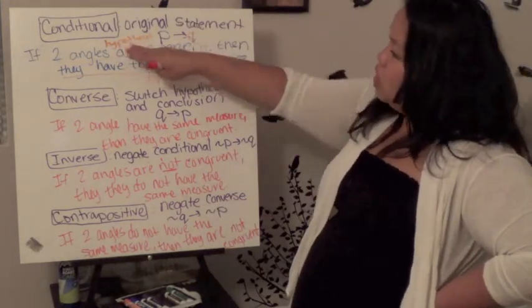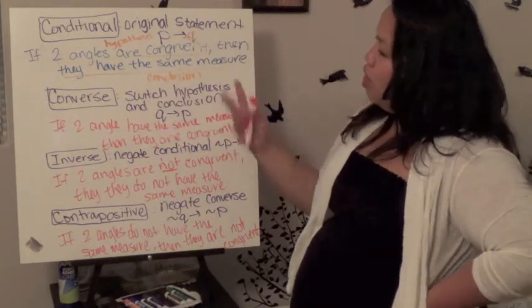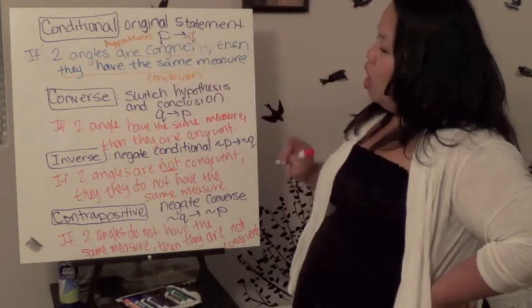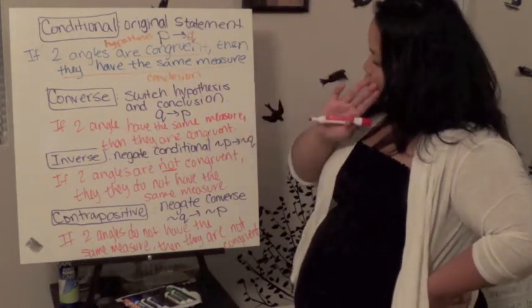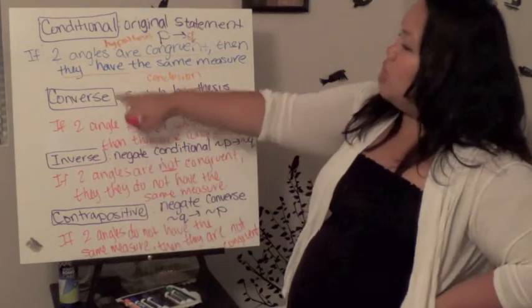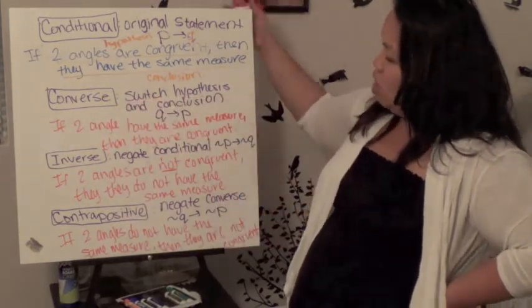So the first one is conditional as our original, then we switch Q and P, which gives us our converse. Our inverse is the same thing as our conditional, but we have not on both of them. And our contrapositive is the same thing as our converse, but we switch both of them to not as well.